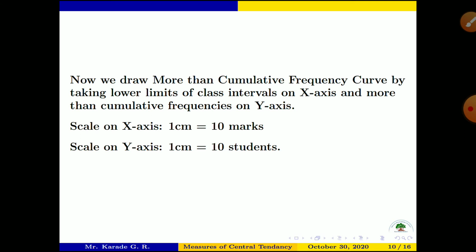Okay, so to draw the graph on graph paper we must take a scale on the x-axis as well as on the y-axis. So the scale on the x-axis is 1 centimeter is equal to 10 marks, and the scale on the y-axis is 1 centimeter is equal to 10 students. So for 1 centimeter we use 10 units on both axes.